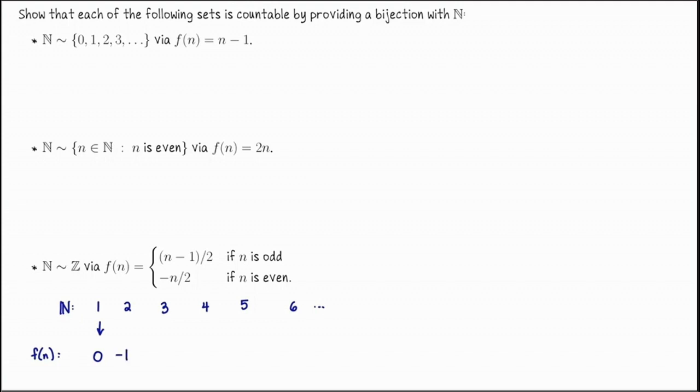That's going to be negative 1. 3 is going to get sent to 3 minus 1 divided by 2. So that's 2 over 2 is 1. 4 gets sent to negative 4 halves. That's negative 2. 5 gets sent to 5 minus 1 is 4 divided by 2 is 2. 6 is negative 3.